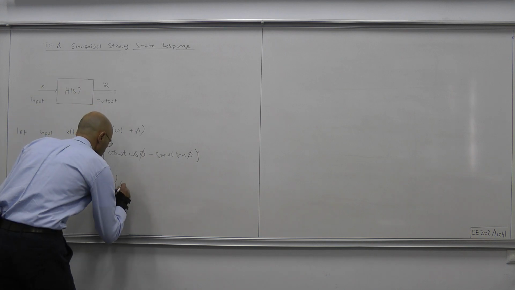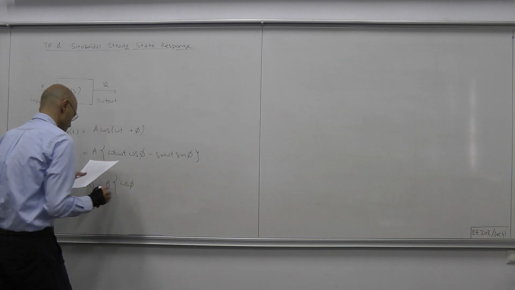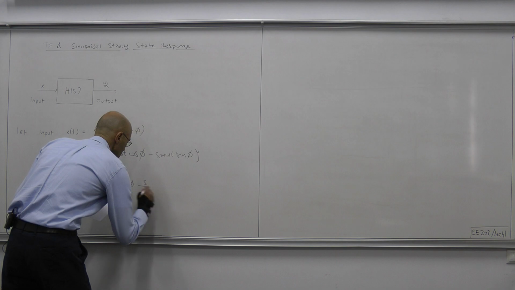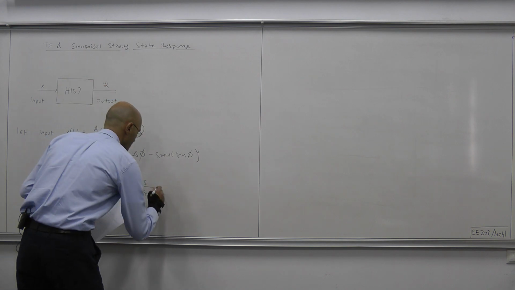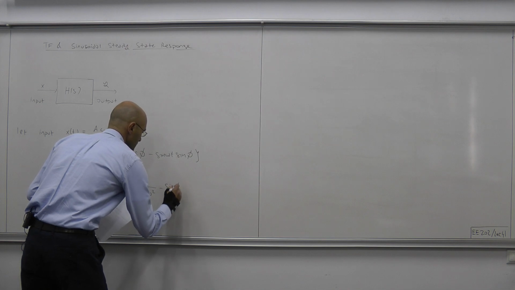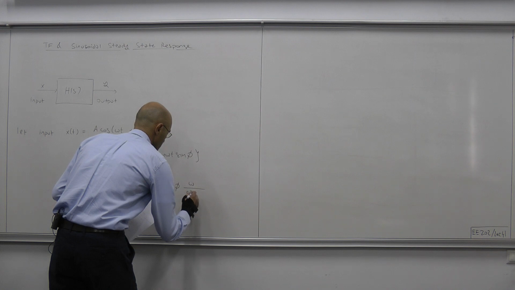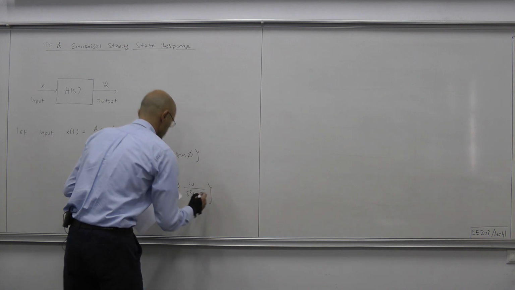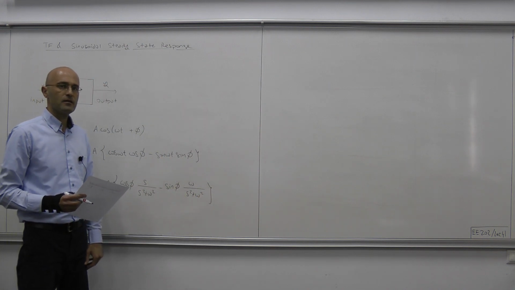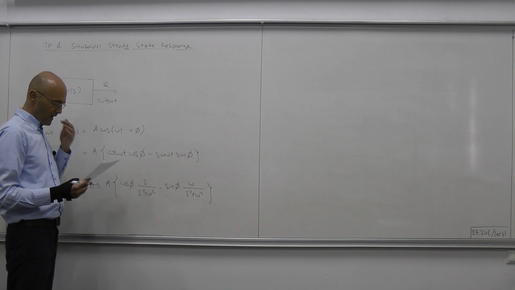So x of s is cosine phi times s over s squared plus omega squared minus sine phi times omega over s squared plus omega squared.